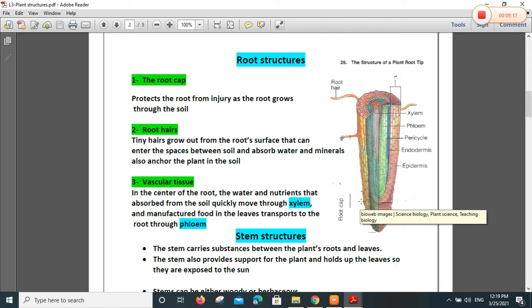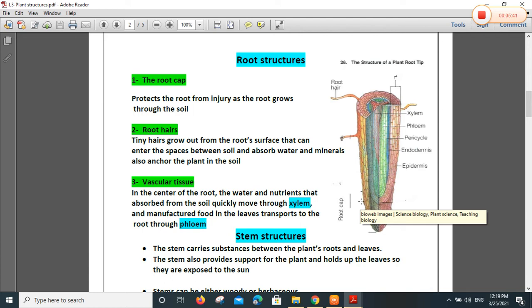Last one, vascular tissue. Remember with me, xylem and phloem. As I told you, in vascular plants we have a system responsible for transferring water and transferring food. This is xylem and phloem, vascular tissue, which characterizes root structures.